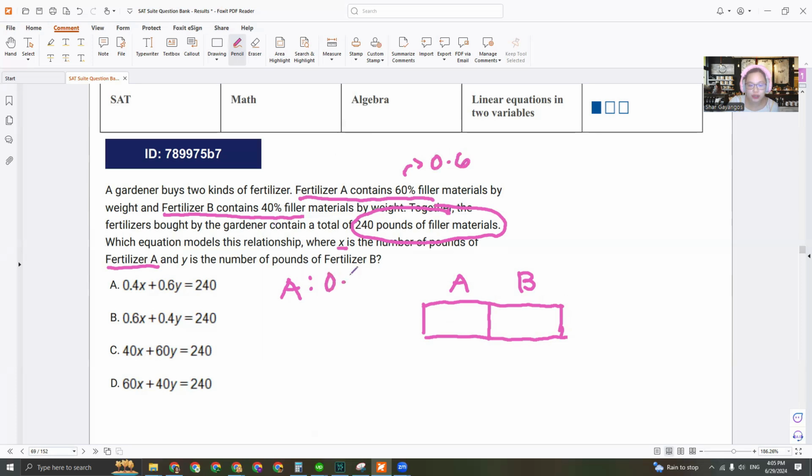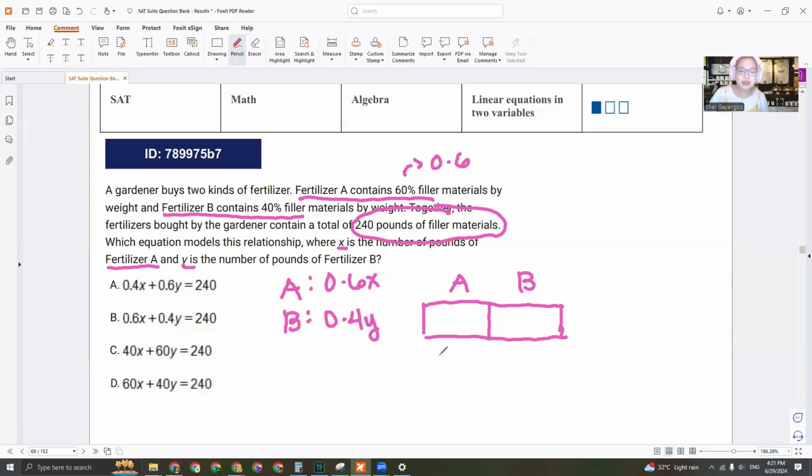So that's just 0.6x. Do you agree? And then for B, 40% are filler materials on the same logic, but using y this time. Alright, so as I've said, B is 0.4y.